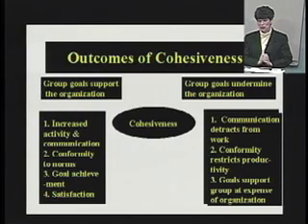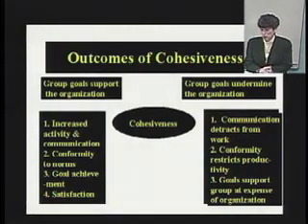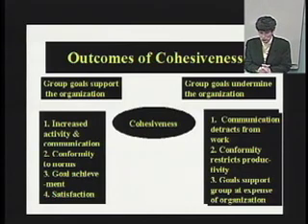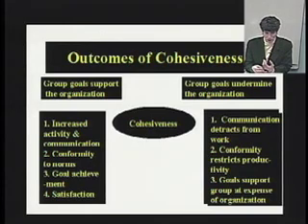So in that case, the communication is going to detract from work. People will spend time talking. They love their work group, but they're not going to talk about work-related things. It may be that it's just a strong social bond, and work gets neglected.